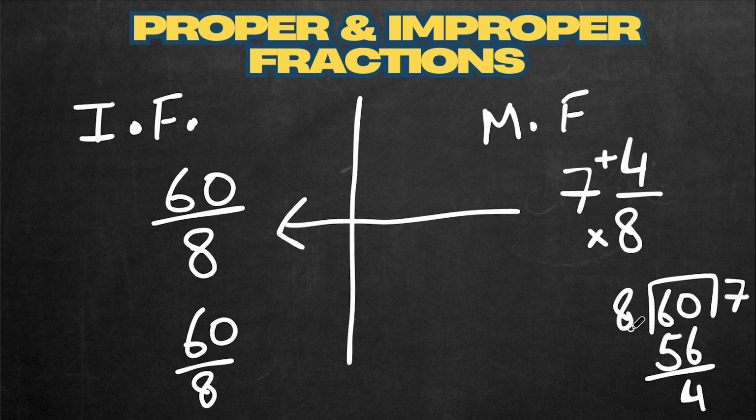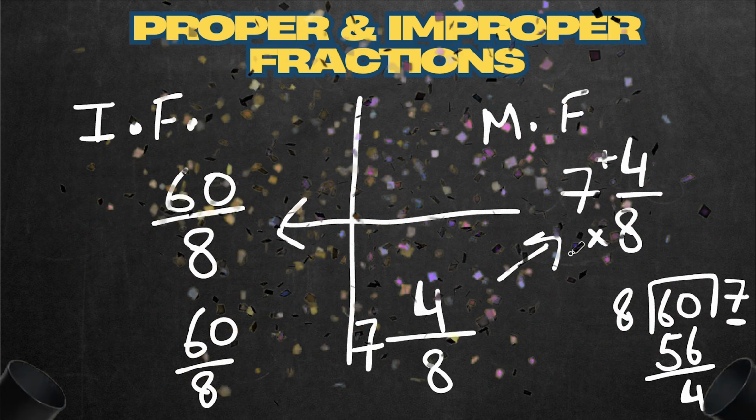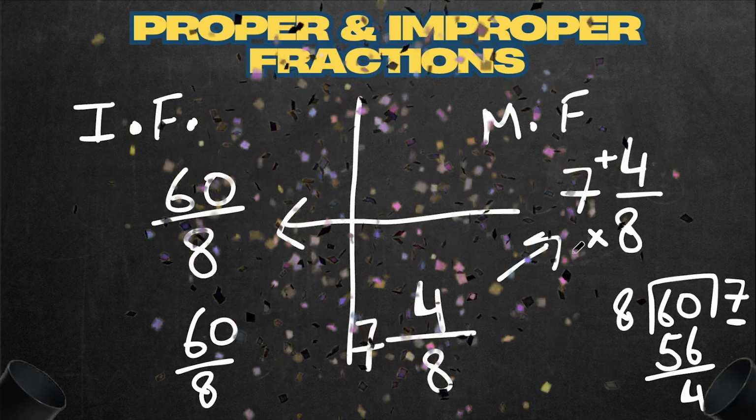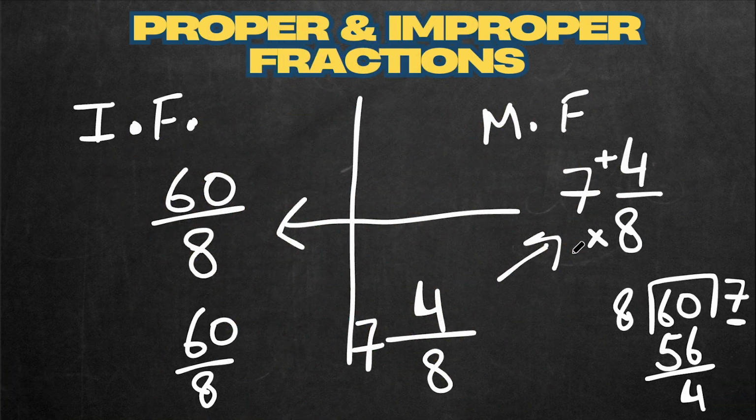So again, the denominator stays as it is. So 8 is the denominator. The number that we multiplied it by comes here, and the number that is remainder comes here. Now look, it's the same fraction as this. You see? So that's how you can change an improper fraction to a mixed fraction, or a mixed fraction to an improper fraction. It was easy, right?